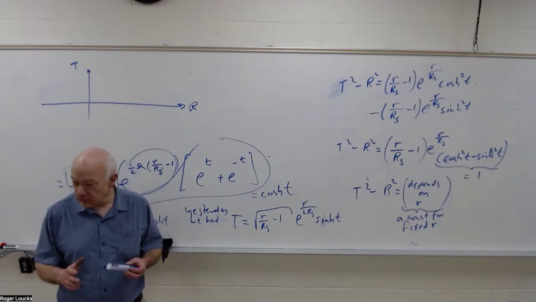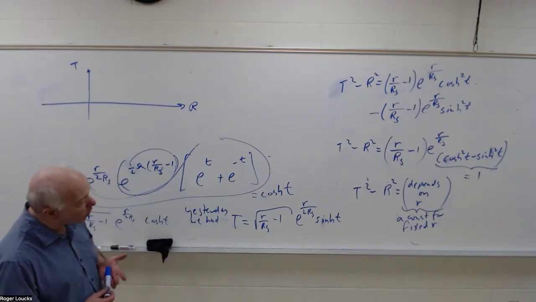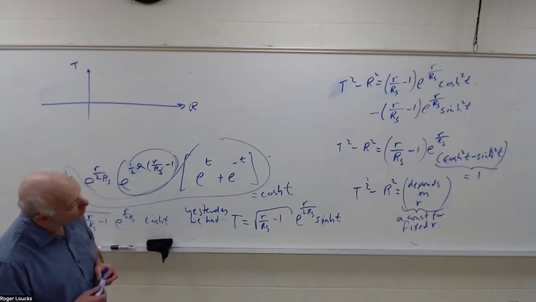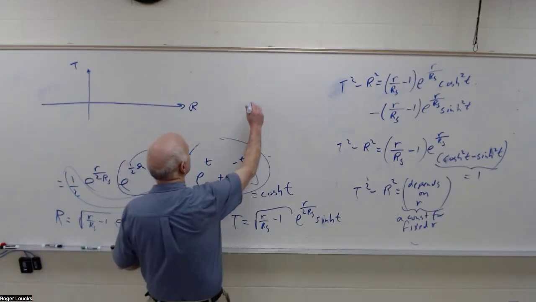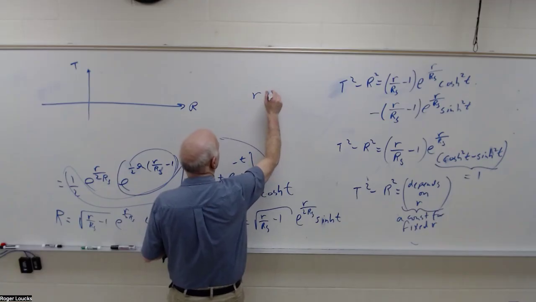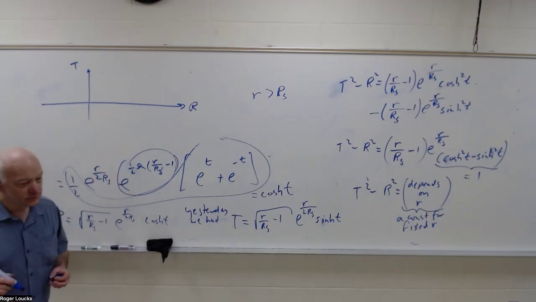Okay, so what would the conditions for a hyperbola look like? Let's say r is greater than r sub s. What would that mean?